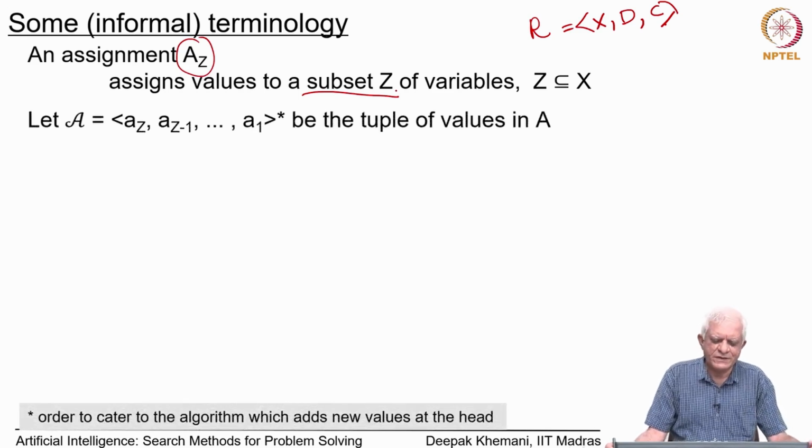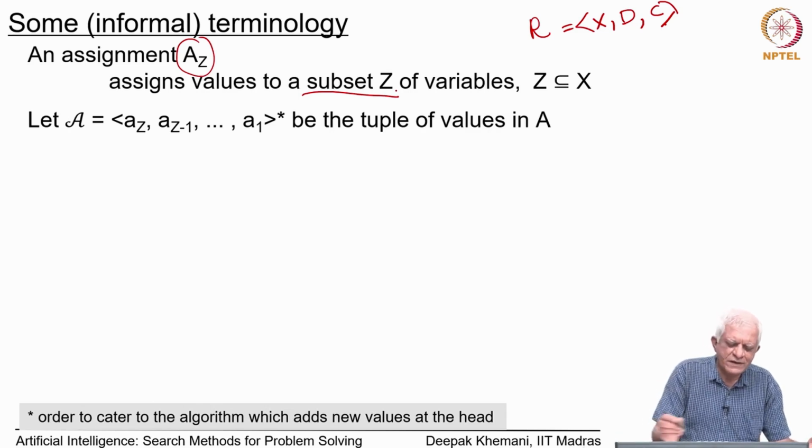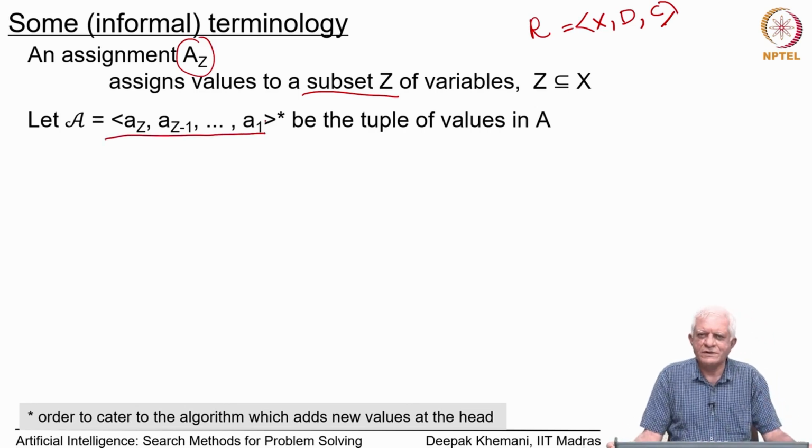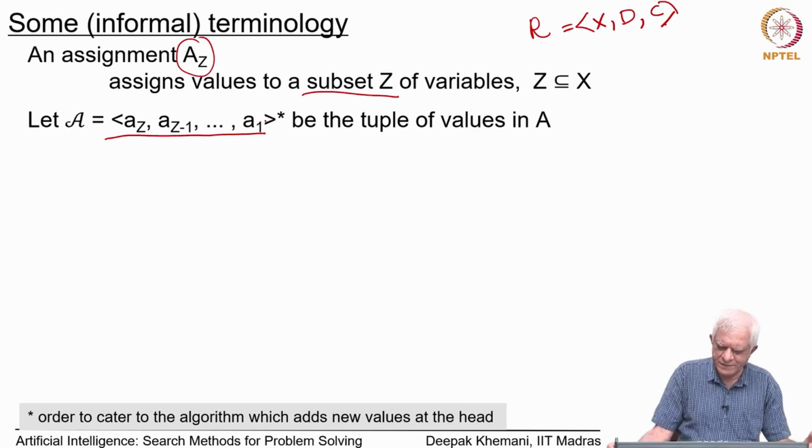So, instead of writing that x1 is equal to a1 and x2 is equal to a2 and so on, we will adopt, as is commonly done, a simplified form in which we only write the values, and since we are looking at a set of Z variables, we have Z values in this vector.